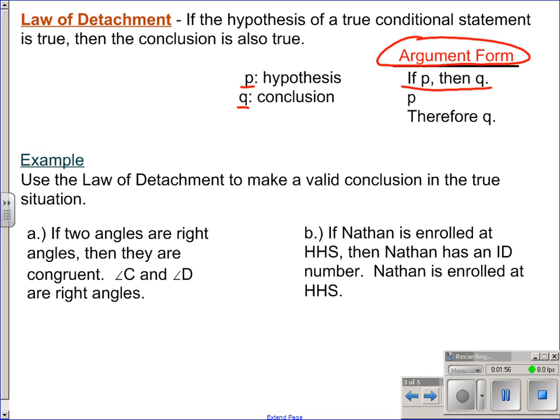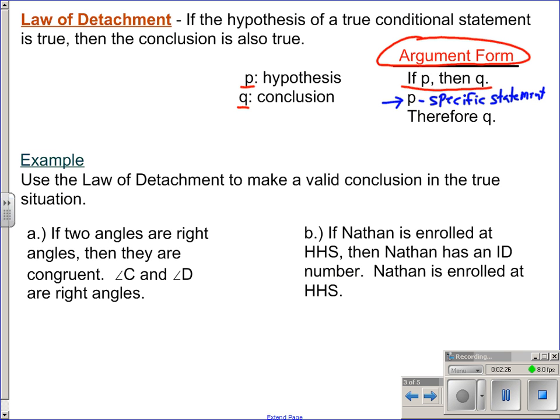And then you're going to have a specific statement about whatever statement P is, whatever the hypothesis is. The hypothesis might be, if angles are congruent. And so right here you would have specific angles: angle A is congruent to angle B. It's a specific statement about something.